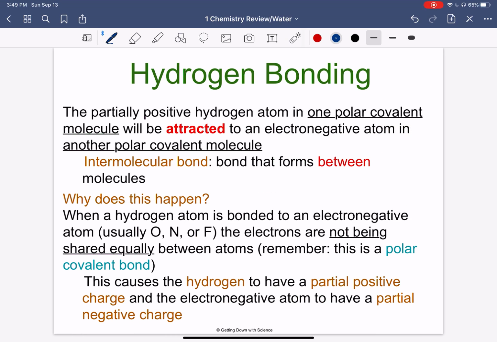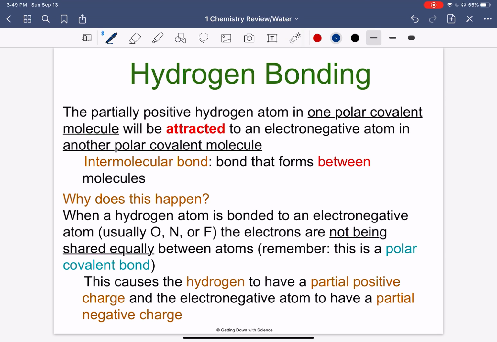Now, so we've got covalent bonding, we've got ionic bonding. Now we're going to talk really quickly about hydrogen bonding. And what happens with hydrogen bonding is where you actually have two charged compounds, something like water, two water molecules or something that are close to each other.